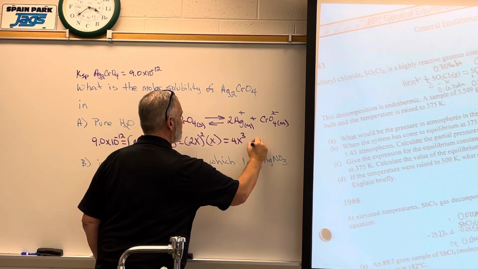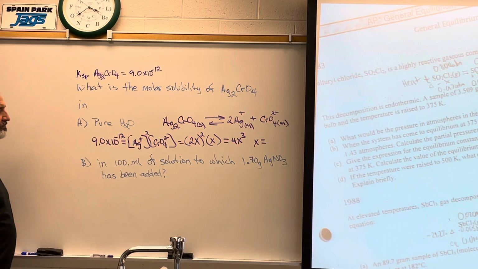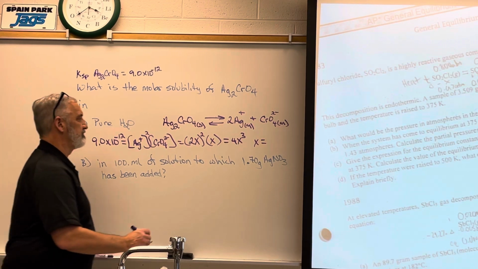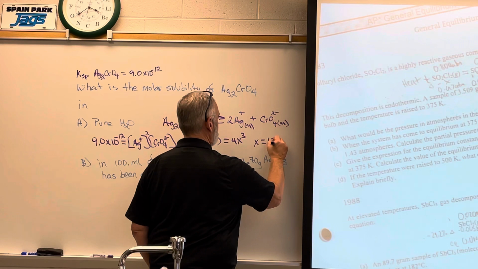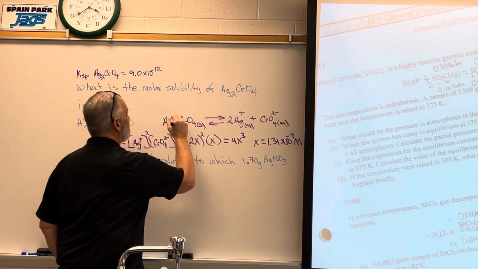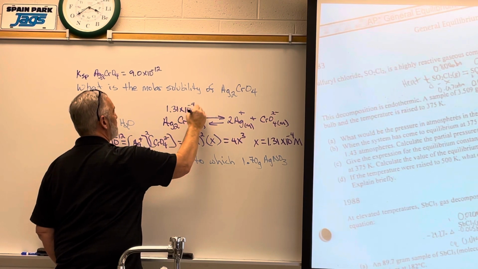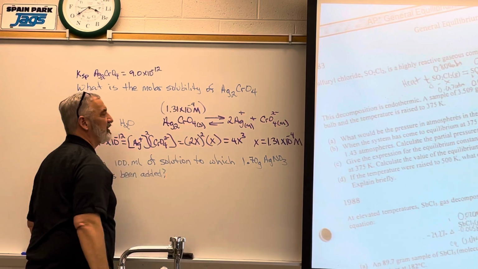So x is going to equal, somebody get that for me? 1.31 times 10 to the minus 4. Okay, so now I know that it's 1.31 times 10 to the minus 4 molar. That's the solubility of my silver chromate.